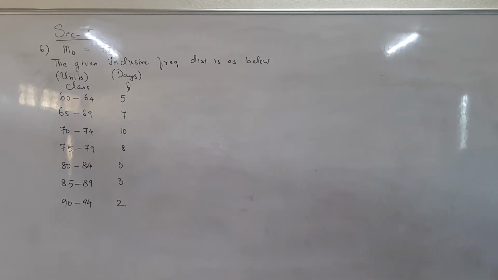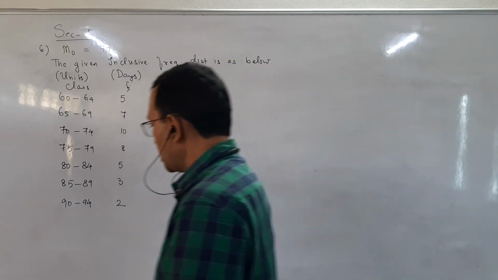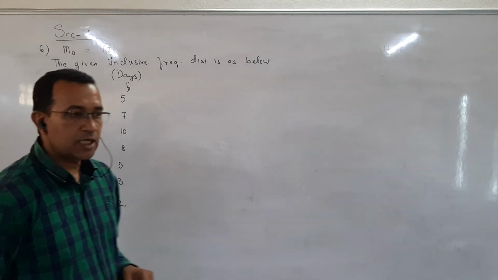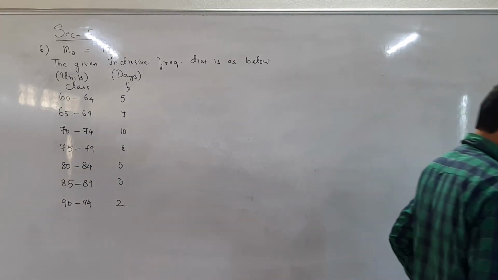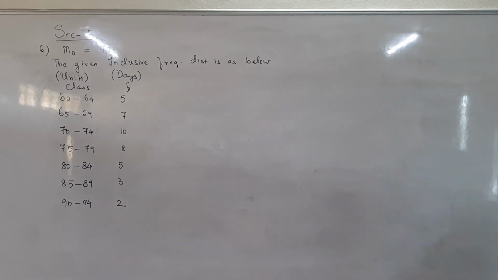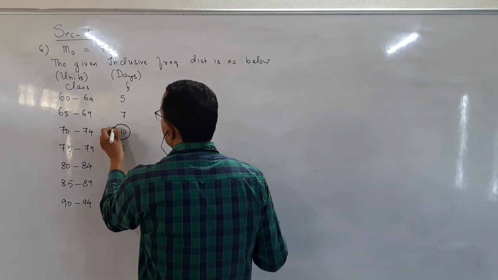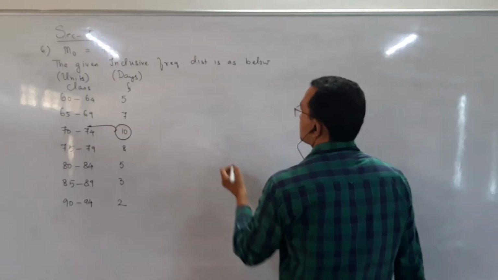Okay, students, we have to find mode of this data. Now, in finding mode, we do not require any other column than the columns of classes and fi. Highest frequency is 10, so this will become modal class.